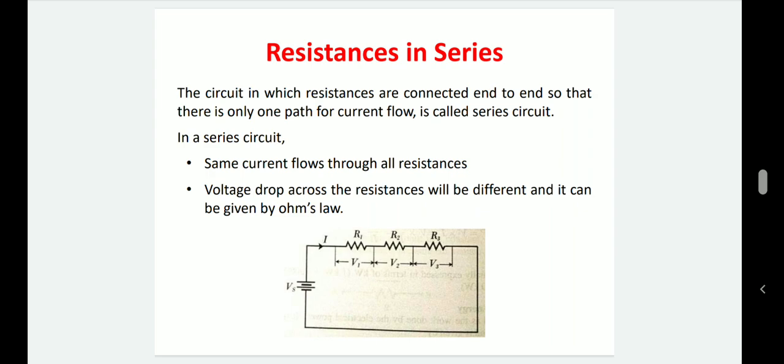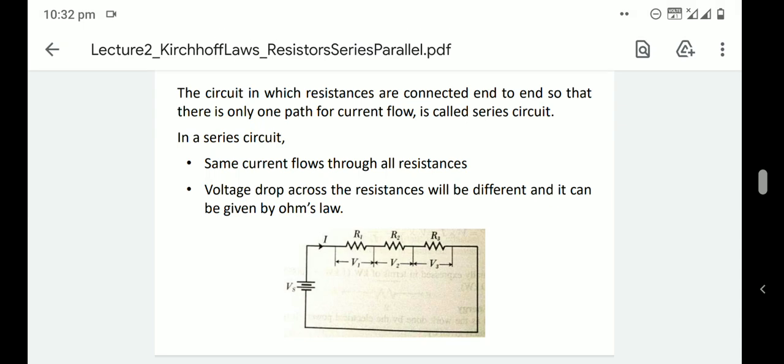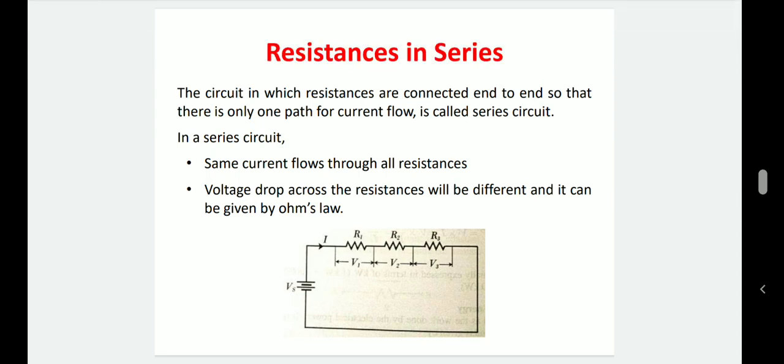Series connection of resistances means one end of a resistance is connected to one end of another resistance, and its other end to another resistance, and like this. That is the circuit in which resistances are connected end to end, so that there is only one path for current flow. That is called series connection.